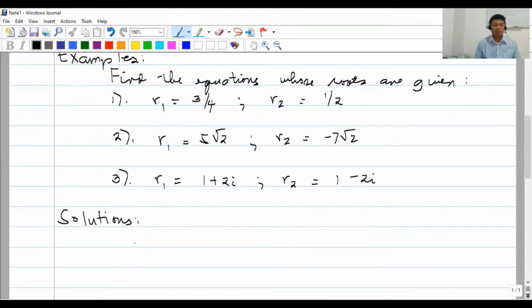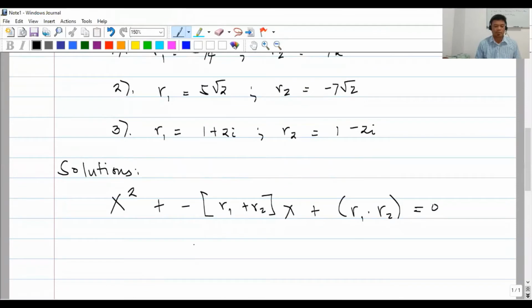Okay? So first, take note that in our discussion last time, we have x squared plus the sum of the roots times x plus the product of the roots equals 0.